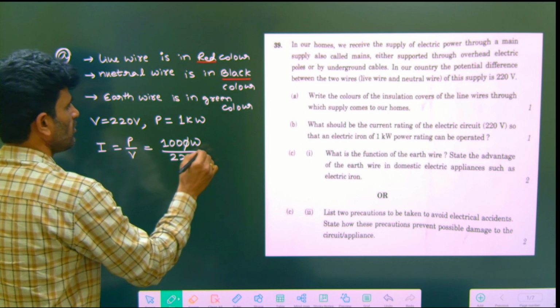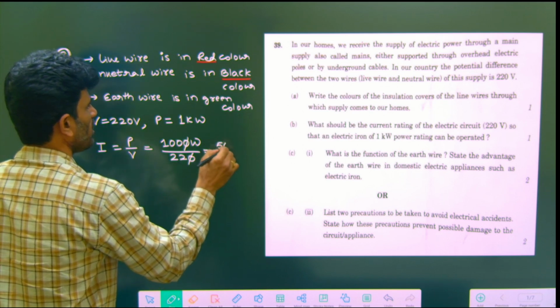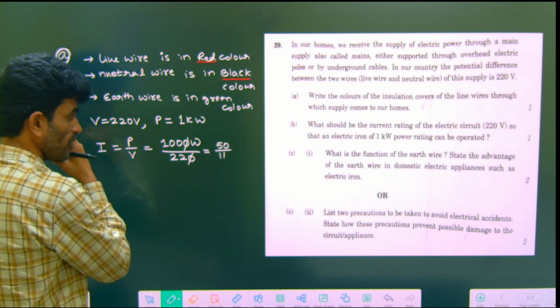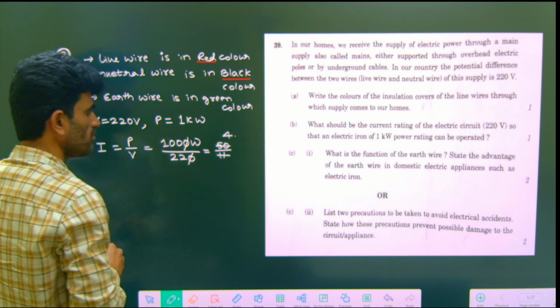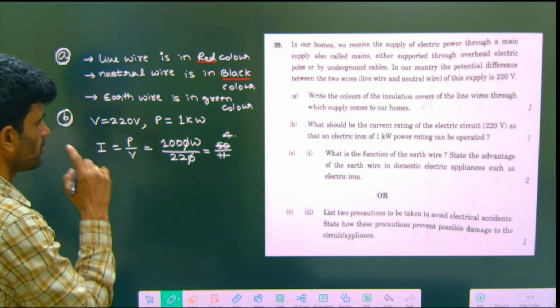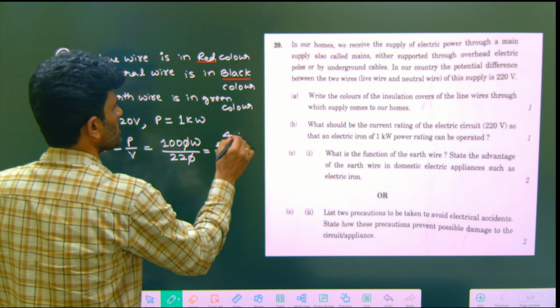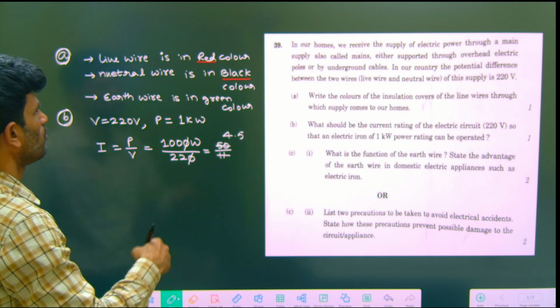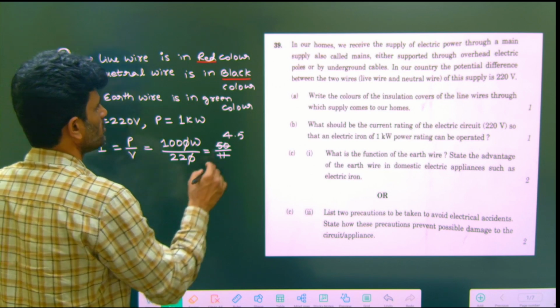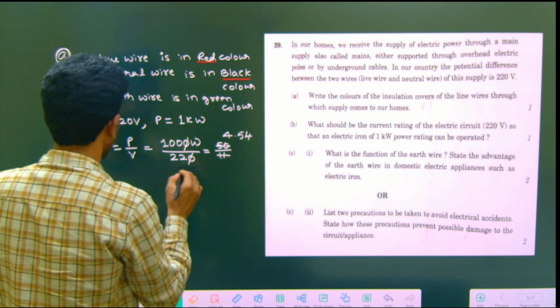The zeros cancel, which is nothing but 50 by 11. So if you divide this, how much? 11 4s are 44, again 6 will be there. Then 11 5s are 55, more 5 will be there, 11 4s are 44, so 5.54.